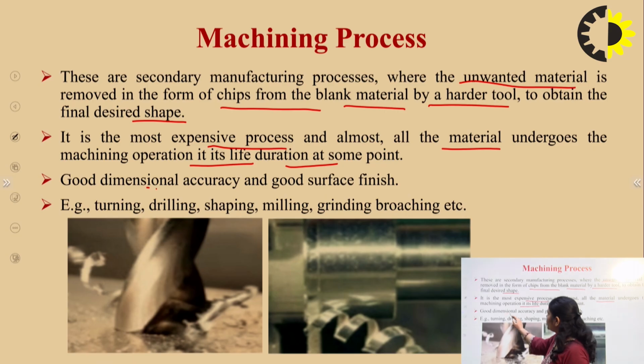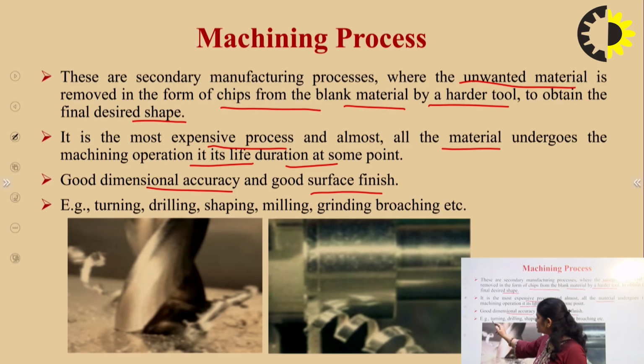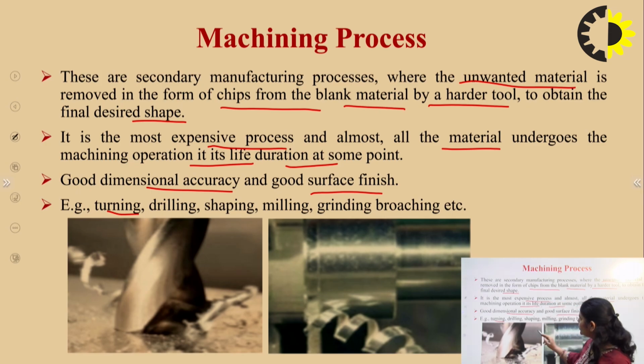So, it will produce dimensional accuracy and provide a good surface finish. Examples are turning, in which we reduce the diameter of the raw material, drilling, when we drill a hole, and shaping, where we use shaping tools to produce a given profile.